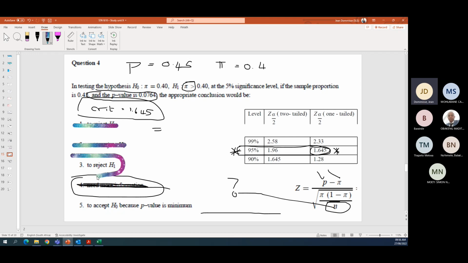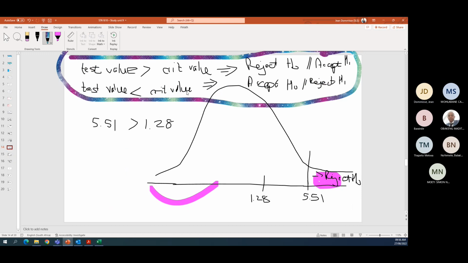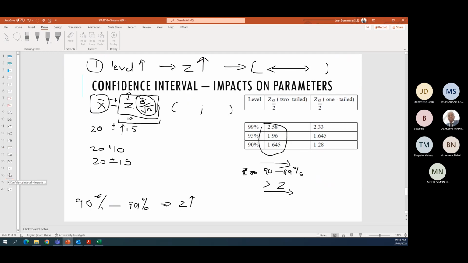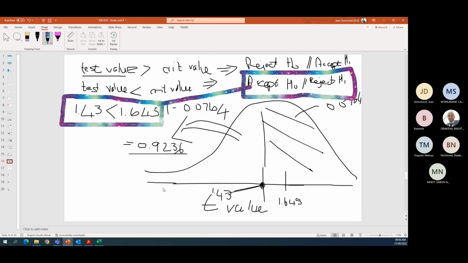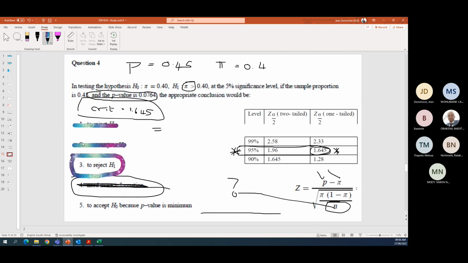Okay, so that is your correct answer. Can that be? Let's quickly see. Sorry, I'm just looking now at the wrong diagram. Okay, 1.43 was smaller than 1.645. Accept null, reject. Oh, this is quite interesting.